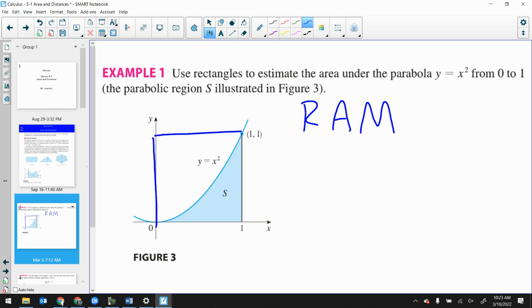What's the area of that box? 1, right? The area of that box is 1. Is that an overestimation or underestimation? Way over, right? But I do know that this area S has to be less than 1, right?